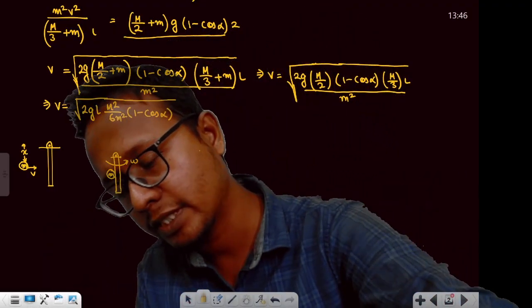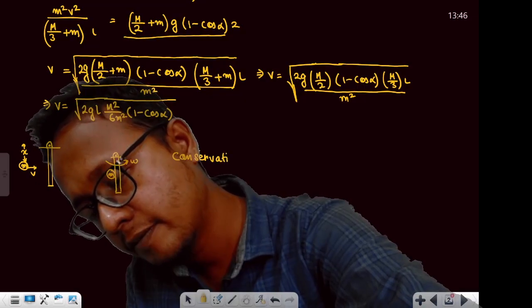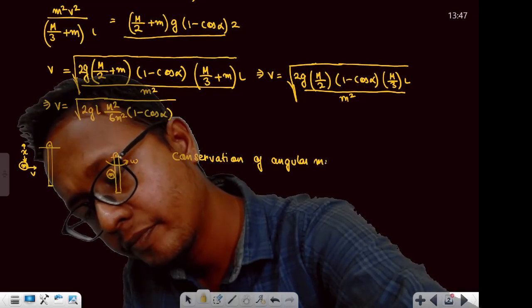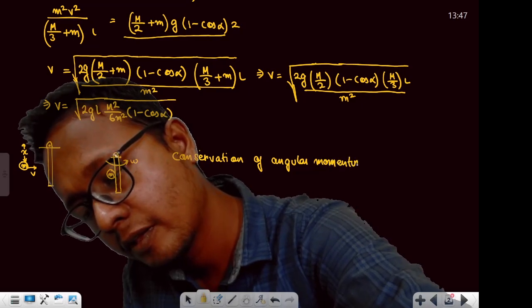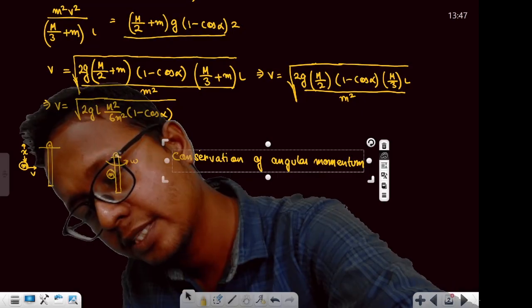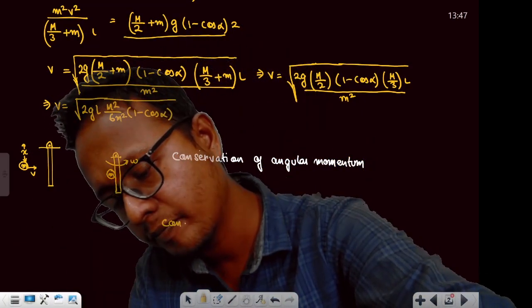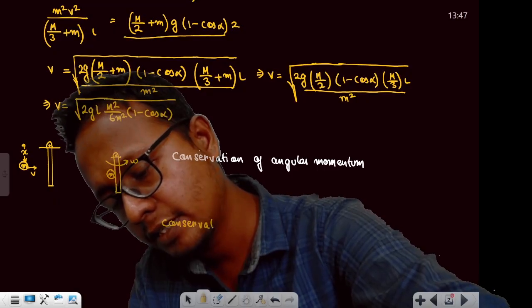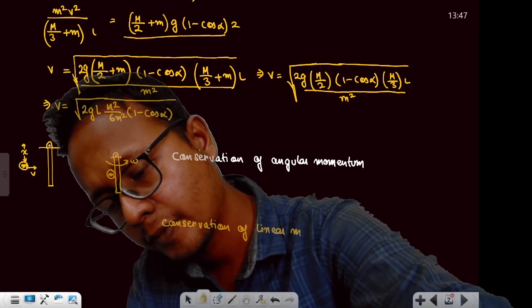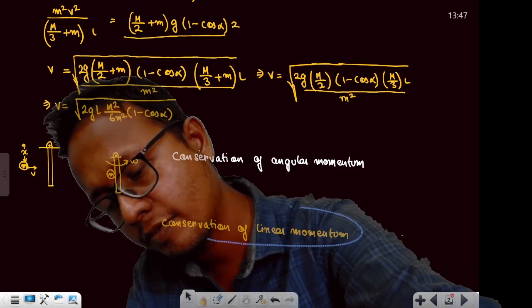So I have to apply two equations here. The first one is conservation of angular momentum, which I have done before, and the second is conservation of linear momentum. If I do these two equations, I'll get my value of x.